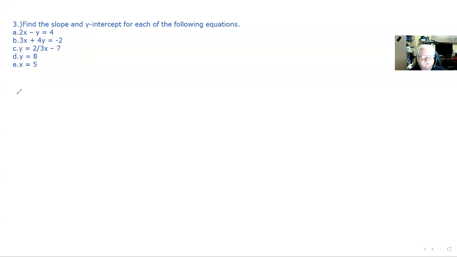They've given us y equals 2/3 x, take away 7. And in this case, it's already in the slope-intercept form. So the number sitting on its own, negative 7, is the intercept.